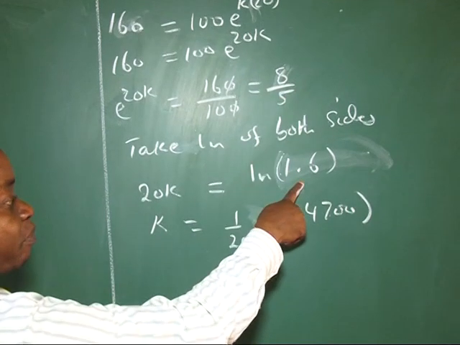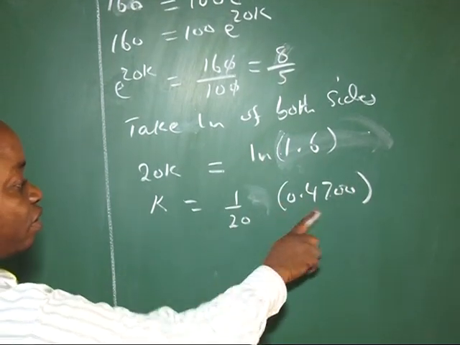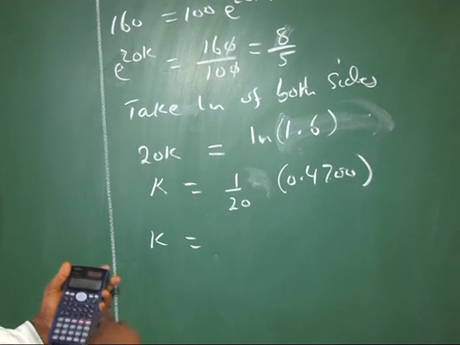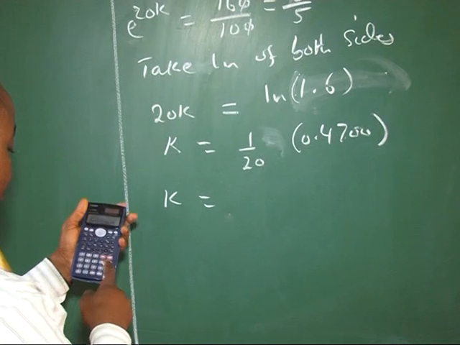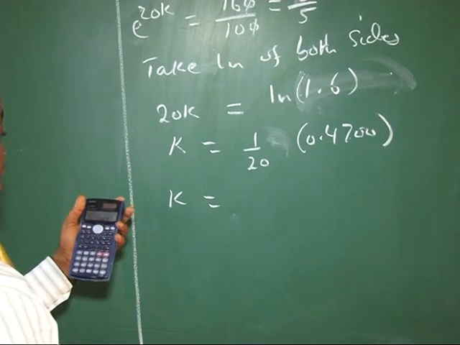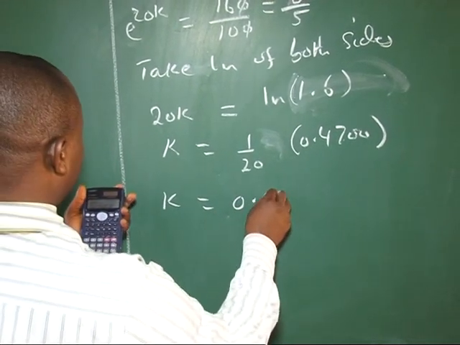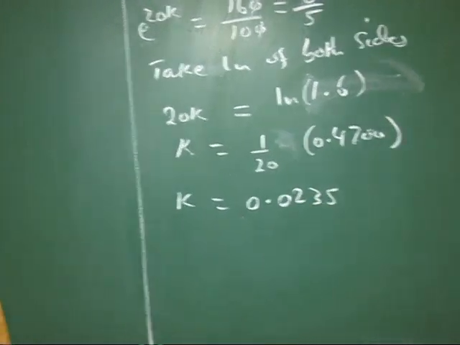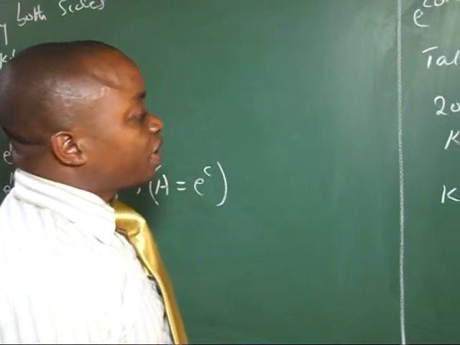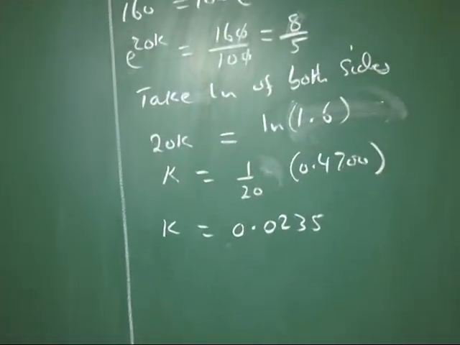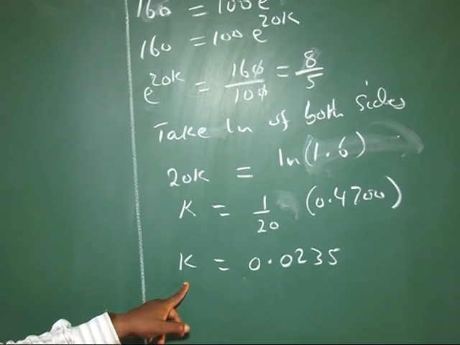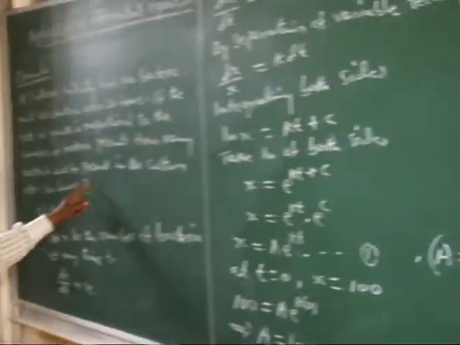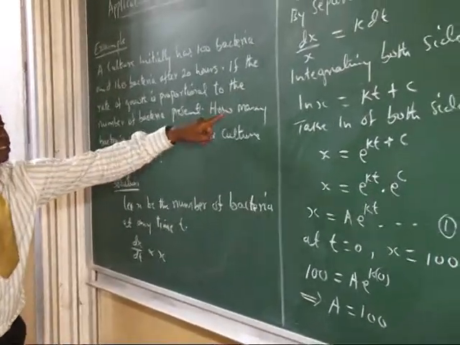Because 8 over 5 is 1.6, ln of this is giving us this value. And if we do that, we have that k is equal to 0.0235. So that is k.